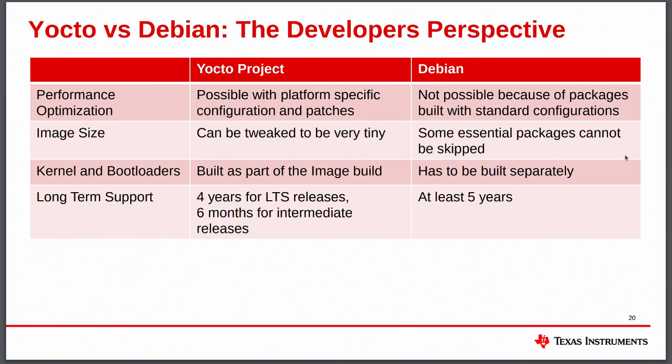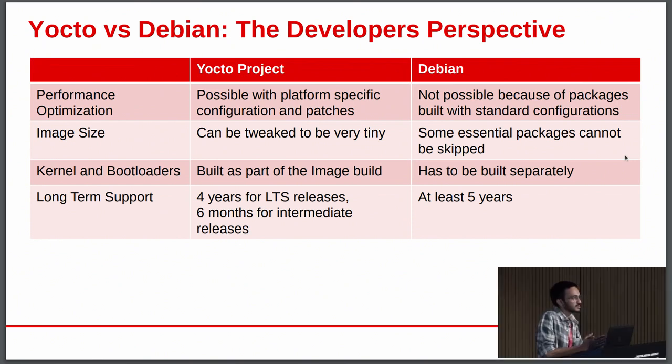And coming to performance, performance optimization is possible in Yocto because the build happens from the sources, and in the metadata you can provide custom patches, which it will apply during the build.